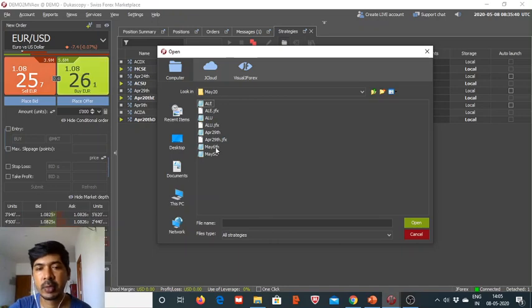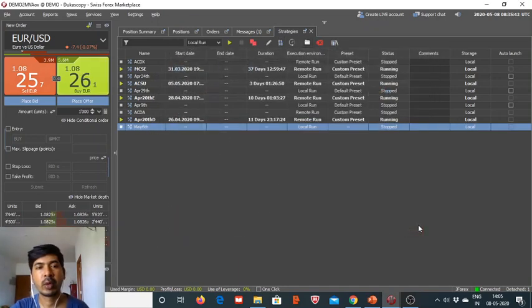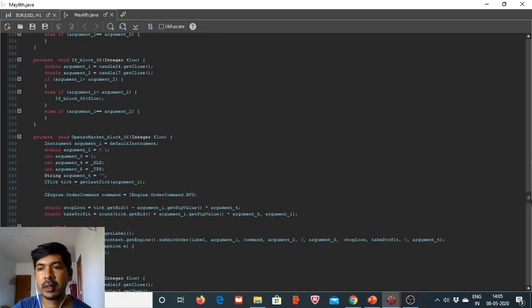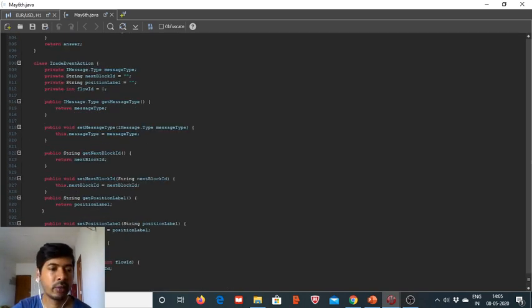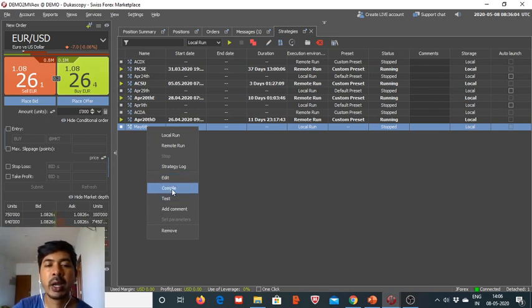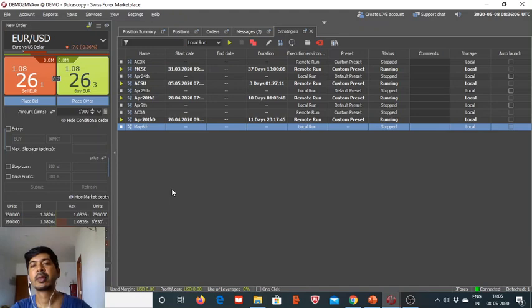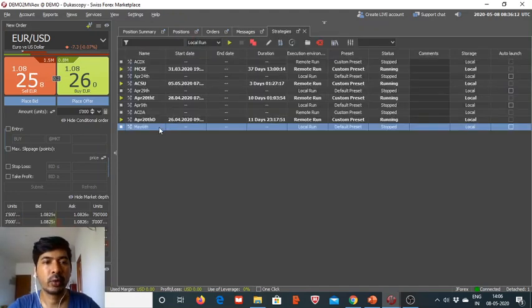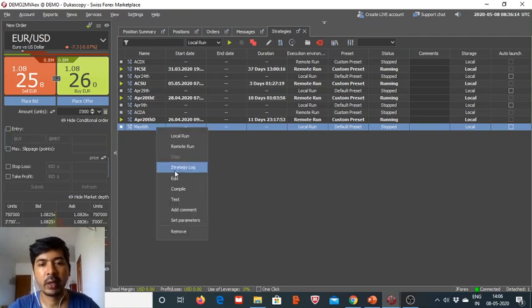Here comes May 6th. We will need to compile it first, and our code is in Java, and it is of around 850 lines. We compile it first. Compilation successful. That means our code is machine readable and it will work if we keep it running also.